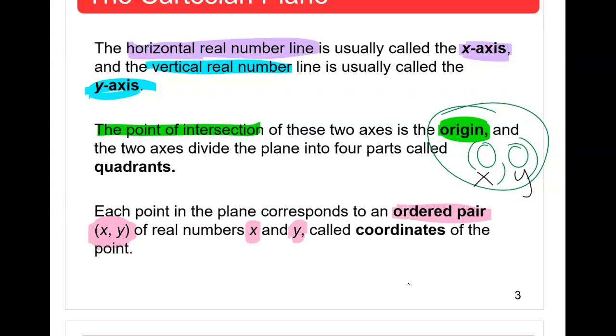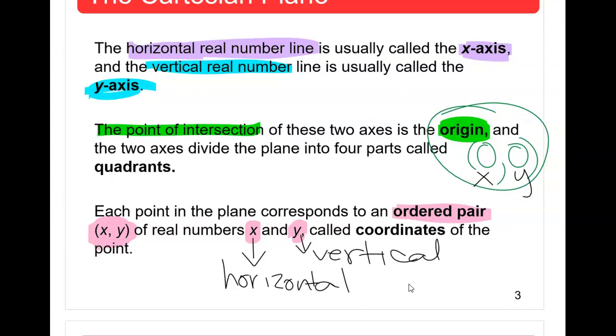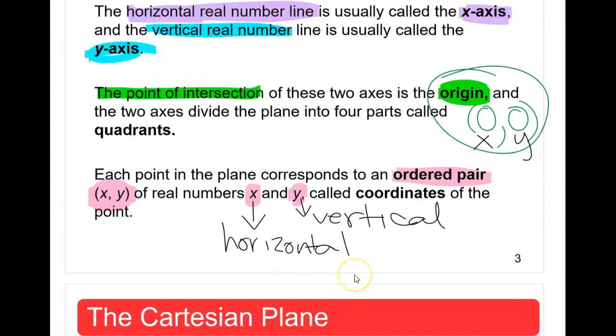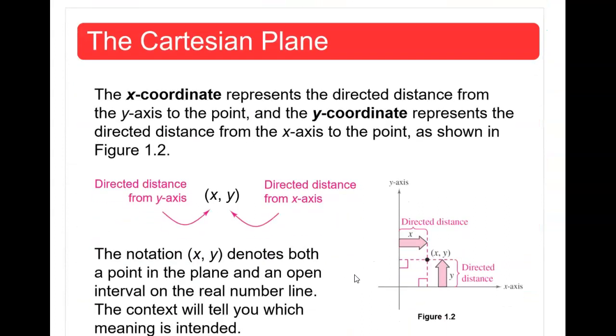More specifically, this is the horizontal coordinate, and this is the vertical coordinate. The x-coordinate is going to represent the distance from the y-axis to any point.